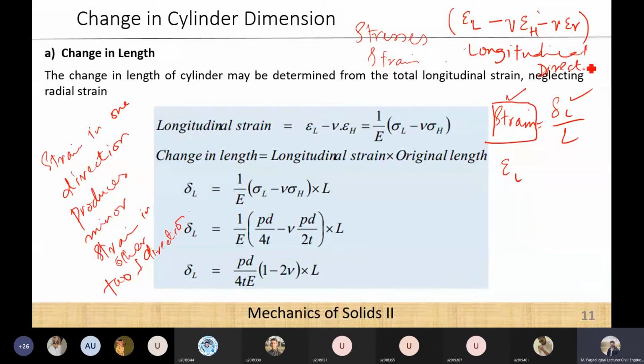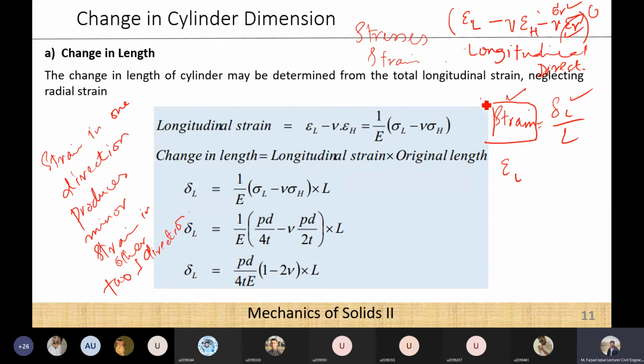But as we discussed yesterday, the radial stress sigma r is quite small. Since the stress is very small, the strain will also be very small. So we will by default ignore this radial strain from our derivation as well as our calculation, since it doesn't make much of a difference, and we will consider these two stresses.